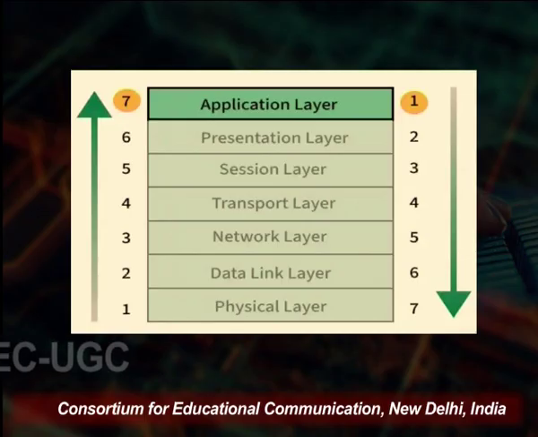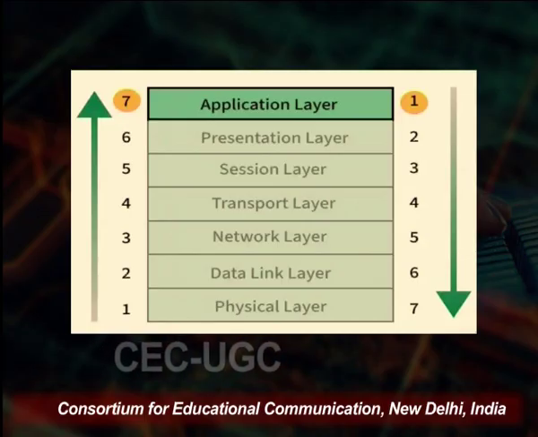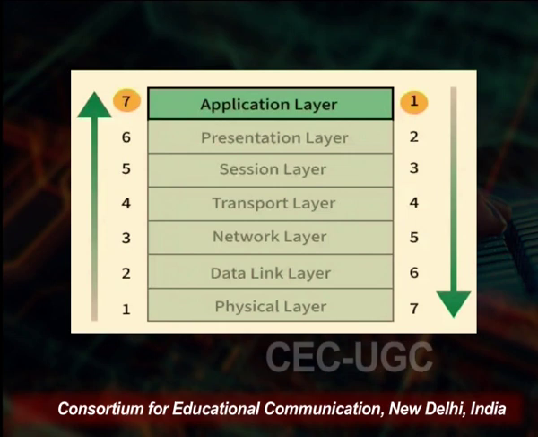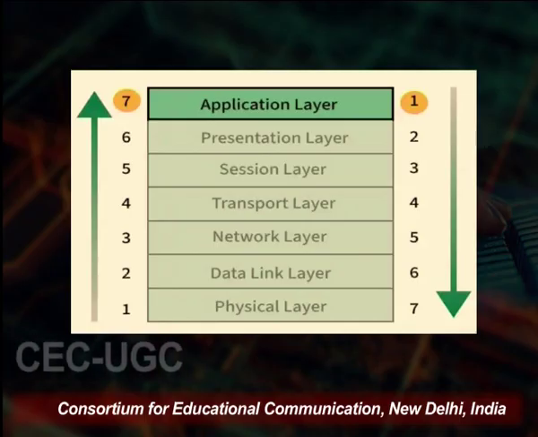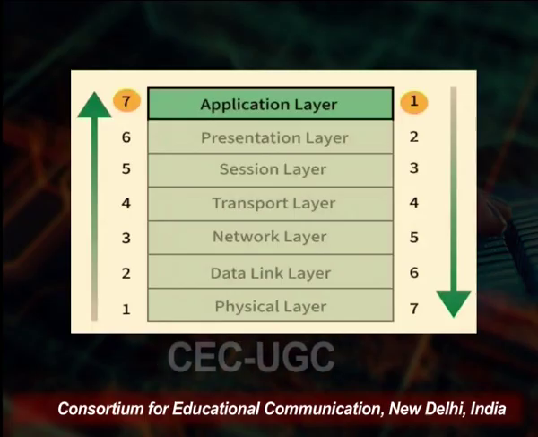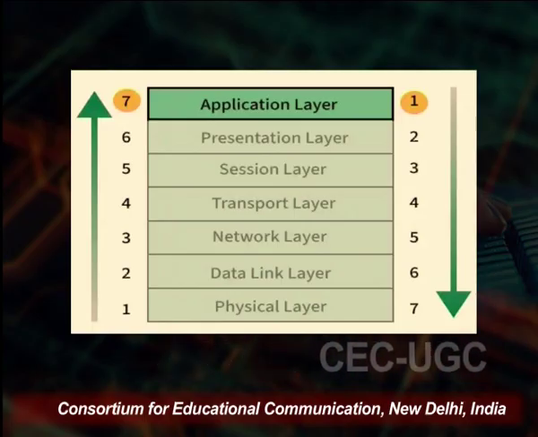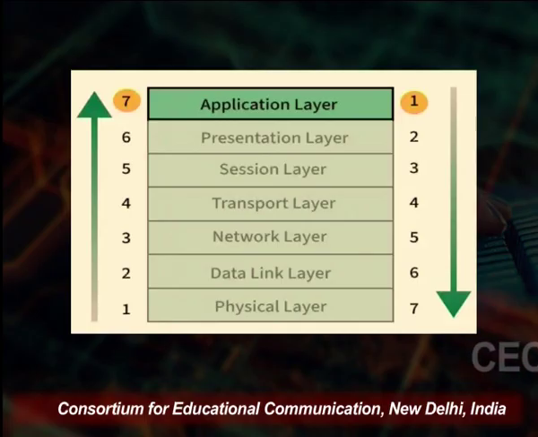You can spot that it is at the topmost position of the OSI model, with the presentation layer below it, followed by the session layer, transport, network, data link and physical layer.